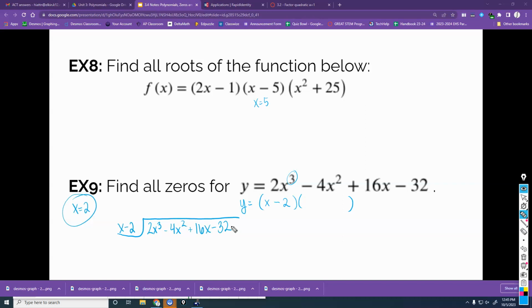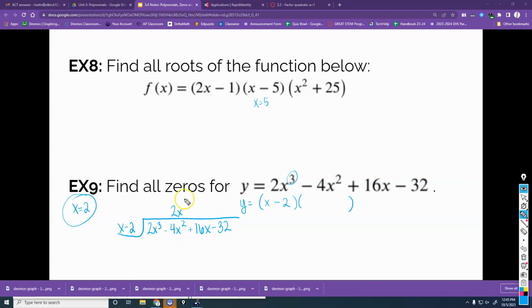Okay, so to divide, I've got to ask myself, what number times x would give me 2x to the third? Almost. If I put a 2x times x would give me 2x squared.